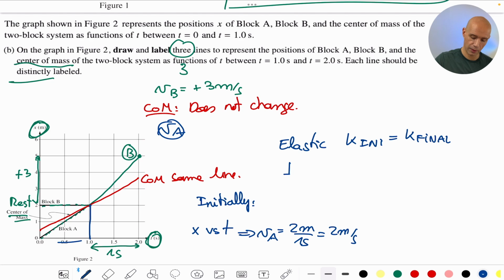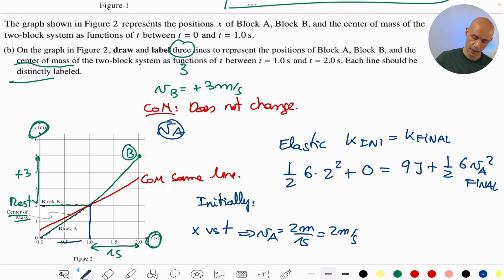At the beginning we had 1/2 of the mass, 6, of A, times its speed squared, and then the other one was at rest, and we know that it's 12 joules. And then you have here 1/2 of 6 and the speed that we want to know at the end. This is the final one, right? So what do we have here? 12 equals 9 plus 3 VA squared, and that's very nice because VA squared equals 1.